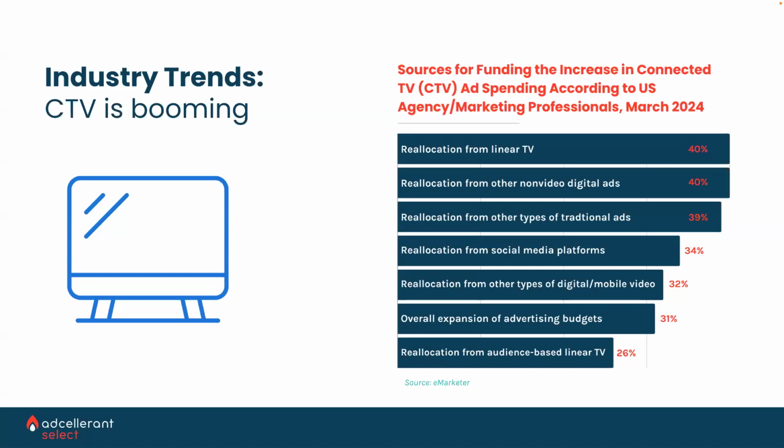Yeah, and really quickly, I do want to speak just while we're on the CTV slide. The fact that at AdCellerant, and specifically the Select team, we do encompass a rather powerful OTT product or CTV product. And again, it could be sourced from geofencing, it could be sourced from behavioral targeting. Our reporting dashboard is very robust.